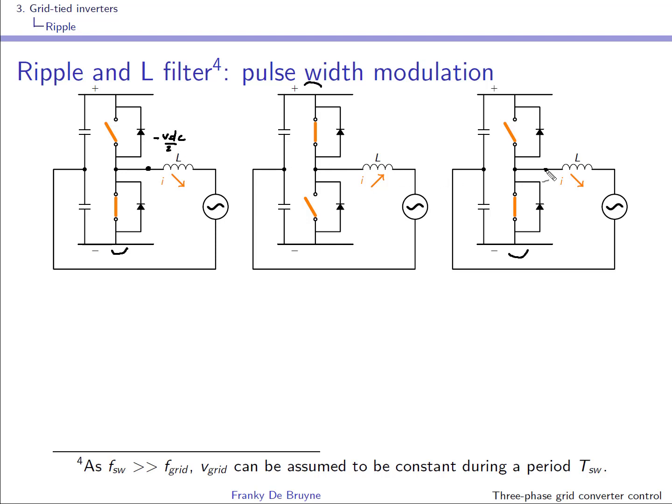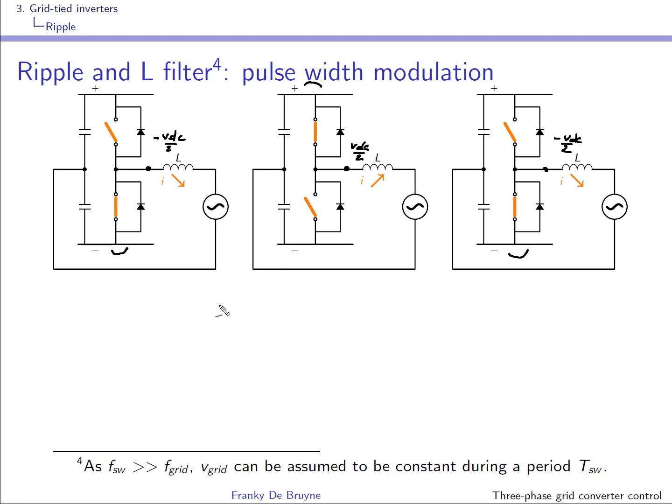You have something similar over here, minus VDC over 2. And when the top transistor is conducting, this point is connected to the plus terminal of the DC bus, so the voltage over here is VDC over 2.